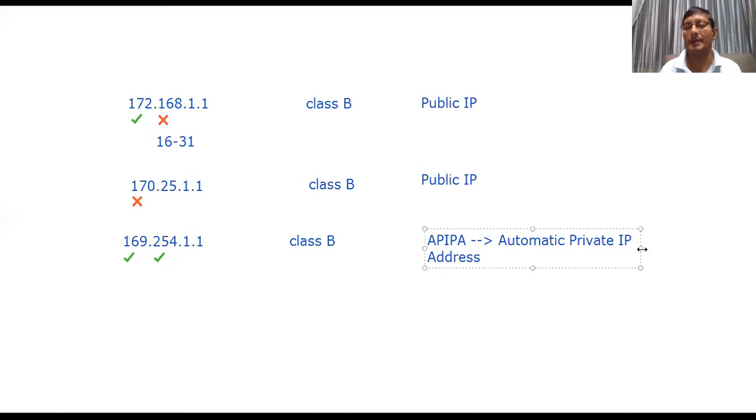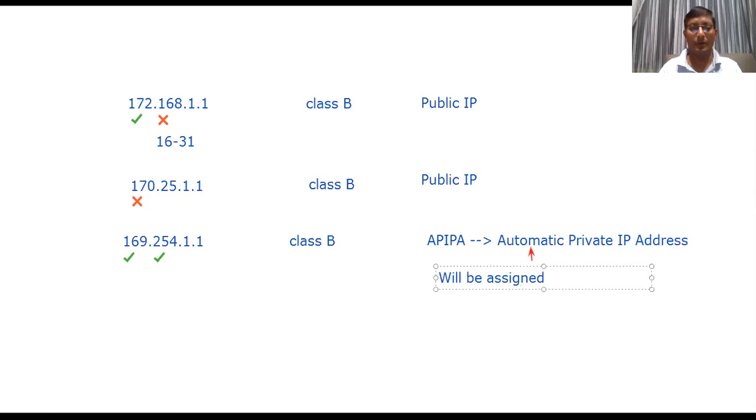Who will assign this IP address? This will be assigned by the OS, if the DHCP server or service fails.